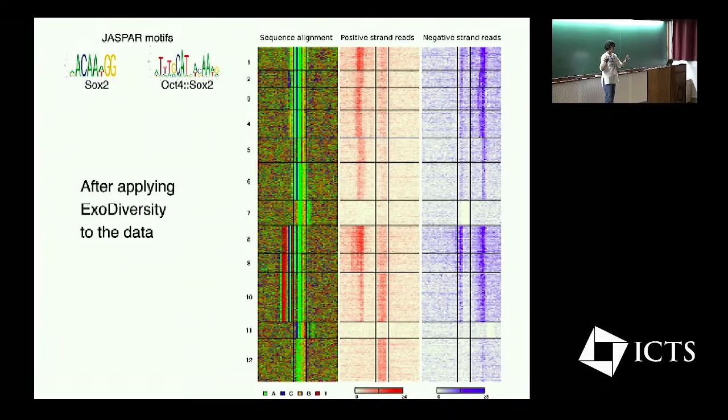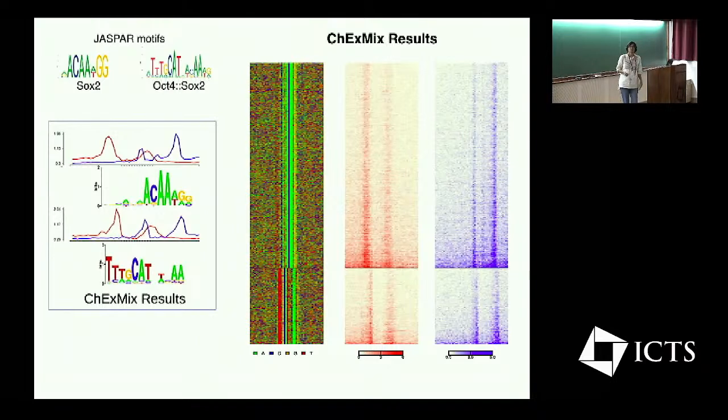So this has much more information than just having two modes, which is what our competitor finds. So ChExMix basically is the only other real method we see that is using the reads also to find the modes.